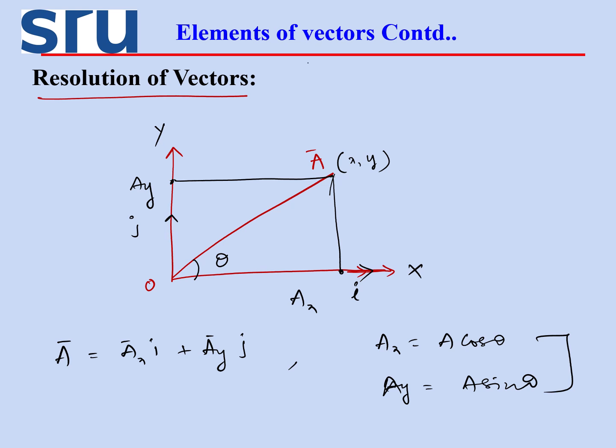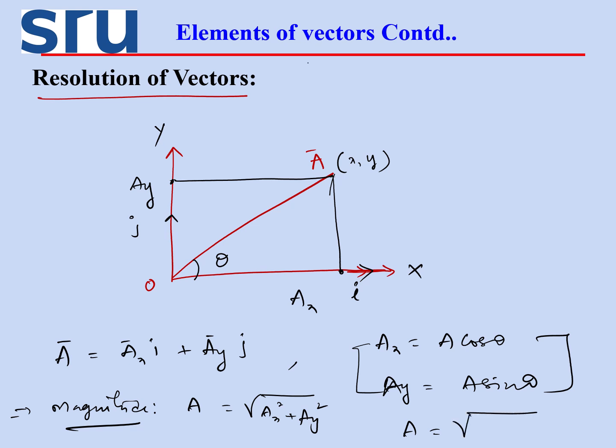Now the magnitude of the vector A is equal to root over Ax square plus Ay square, or if we consider these two, A equals root over A square cos square theta plus A square sin square theta.